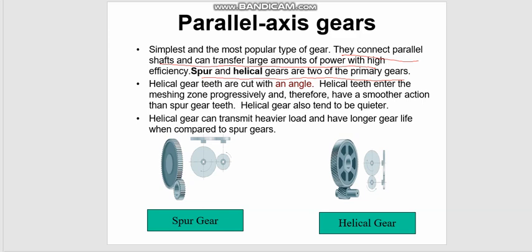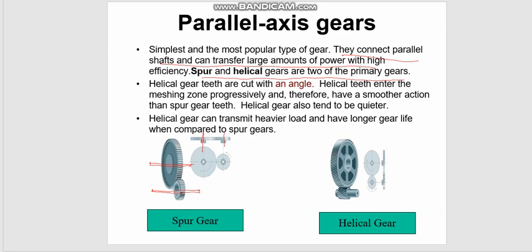If you draw the shaft of the two gear systems, one will be at the center here, and the other will be at the center there, right? So basically the two gear shafts will be parallel to each other. That's why it is called a parallel axis gear system.